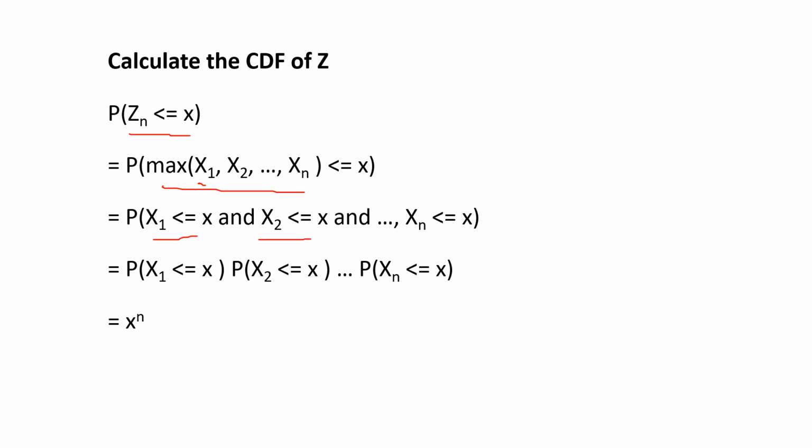So we replace the maximum with x1 less than or equal to x and x2 less than or equal to x up till xn less than or equal to x. And each of these random variables are independent, so we can write this as the probability x1 less than or equal to x times the probability x2 less than or equal to x up till the probability xn less than or equal to x. Now this is the CDF, which is F(x) equal to x as we just saw. So we can write each of these as x, so the product becomes x to the power n.